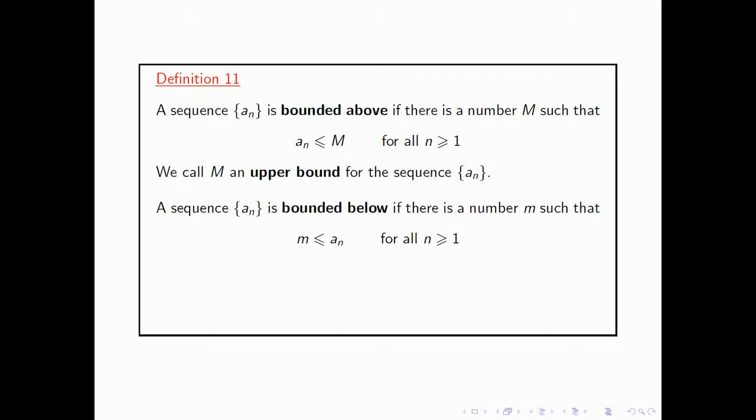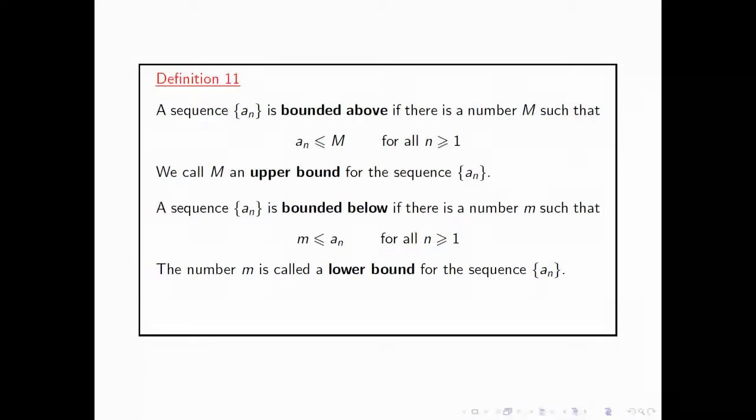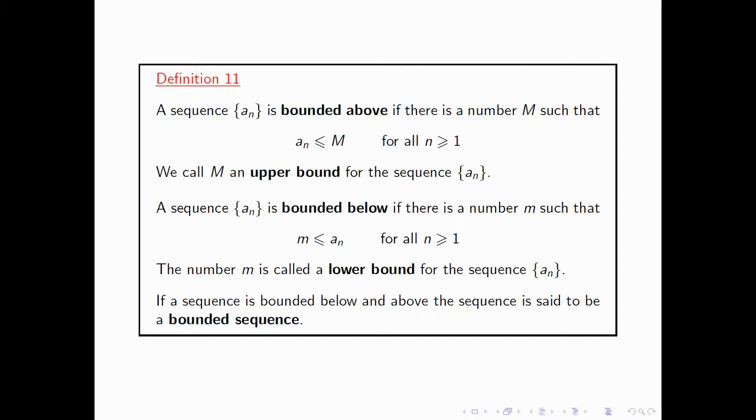Then that sequence is said to be bounded below. And we say that lowercase m is a lower bound. If a sequence is bounded above and bounded below, then it's a bounded sequence.